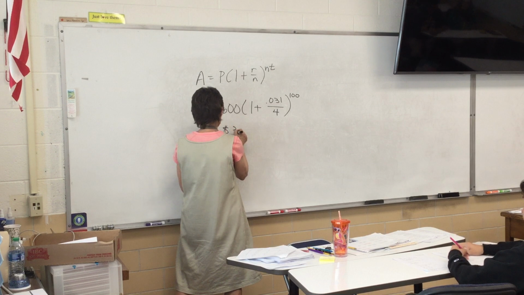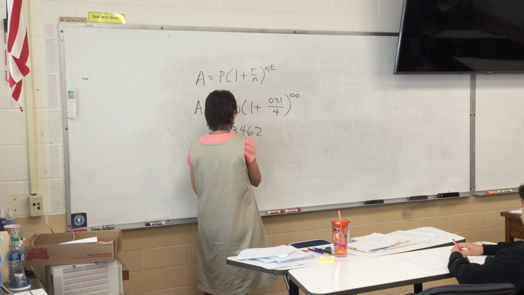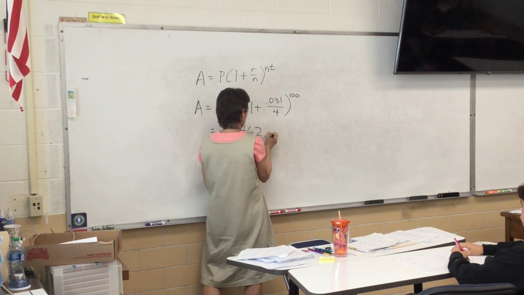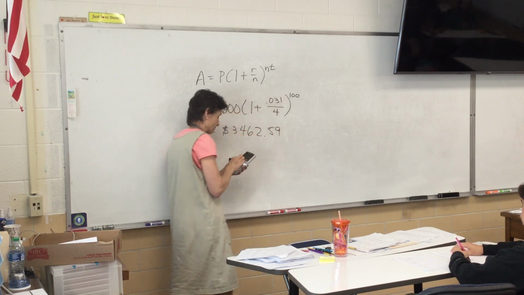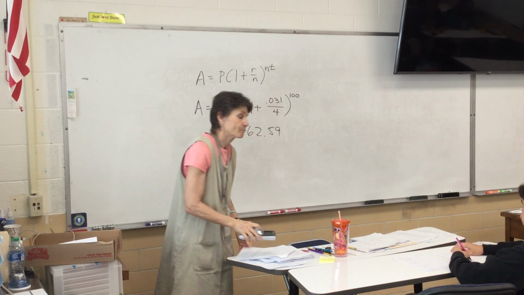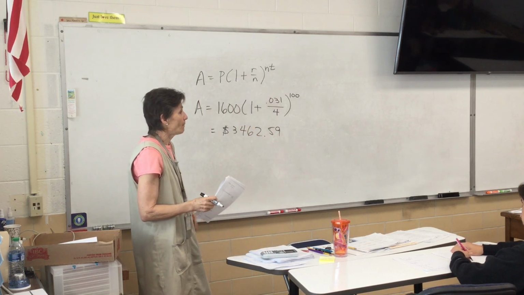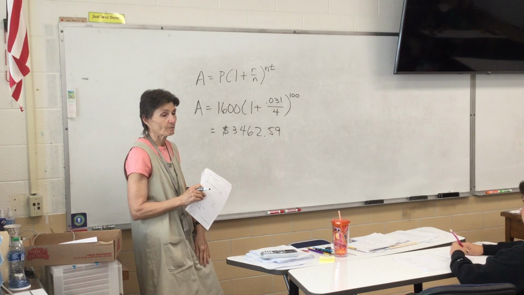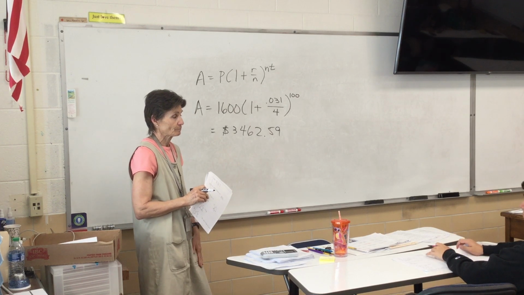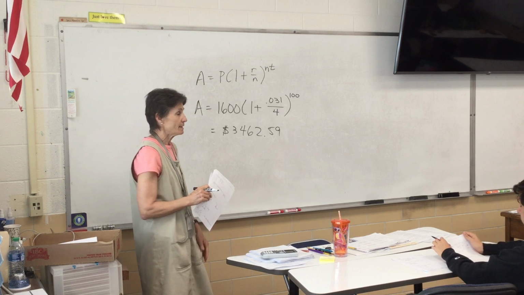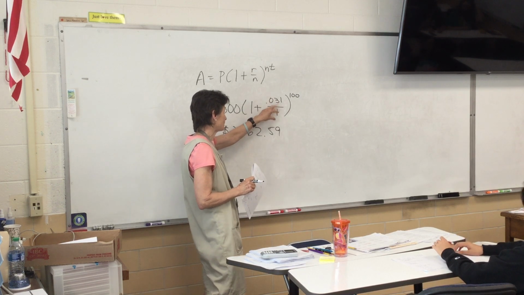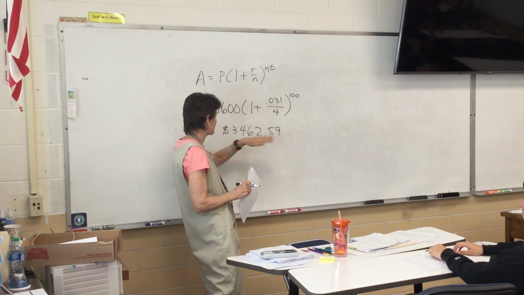You should get $3,462.59. Compound interest formula, right there it is.